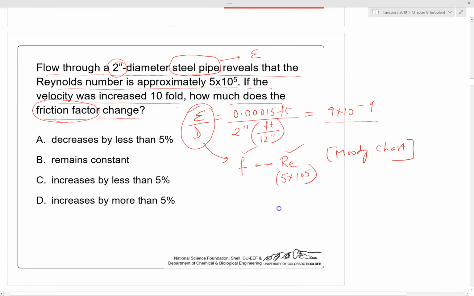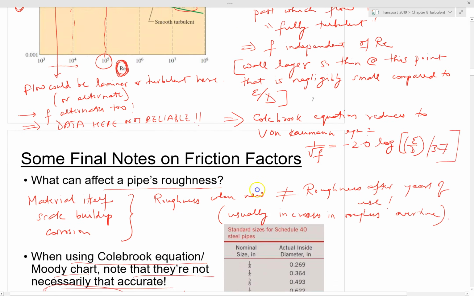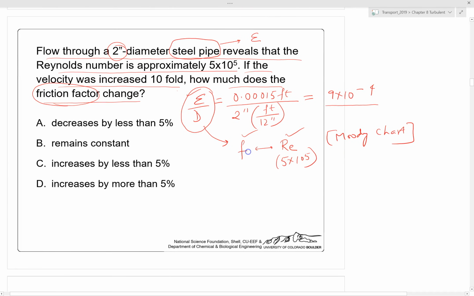So you can pretty much guess based on your options that it decreases by 5%. This is how you can approximately guess how much decrease or increase you can expect depending on your E over D value, friction factor, and Reynolds number. This is how you use the chart.